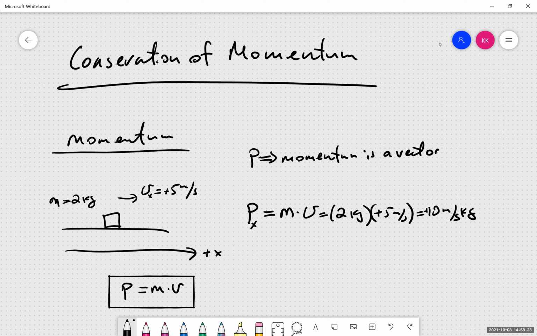Momentum is mass times velocity, and this is information about, in a way, how the object is moving. The faster it is moving, you can see from the equation, the greater the momentum of the object. Also, how big the object is. It gives you double information about the velocity, how fast, and also how big the object is.